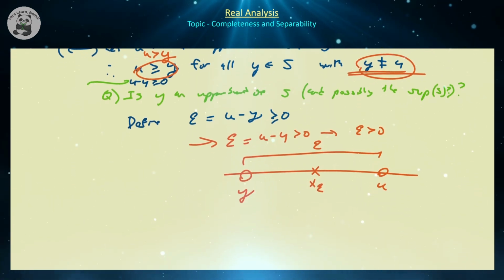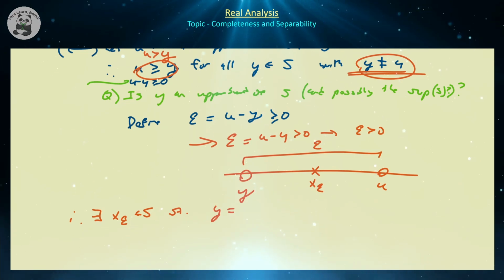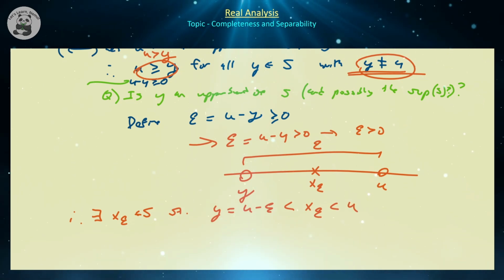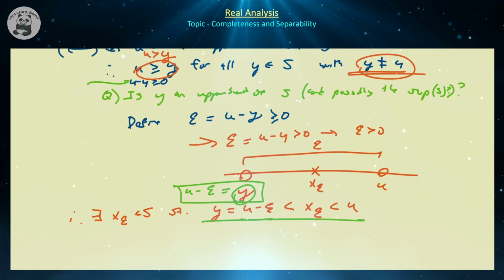So if that is the case, that means there must exist some x in S such that y is equal to u minus epsilon, right? And that's obviously less than x subscript epsilon, and that obviously is less than u. Agreed? Keep in mind, what is u minus epsilon? U minus epsilon is just a fancy way of saying y in this particular picture, and that's what creates that sequence of inequalities.